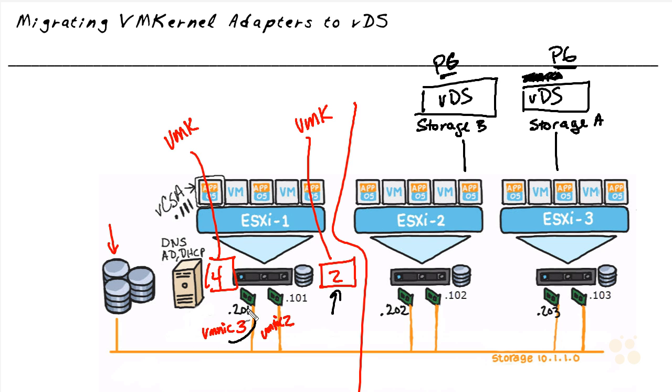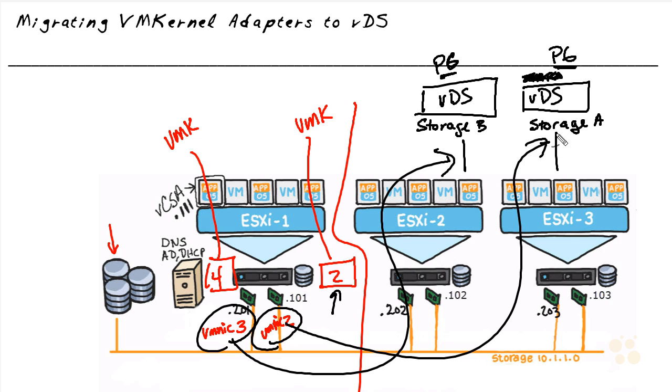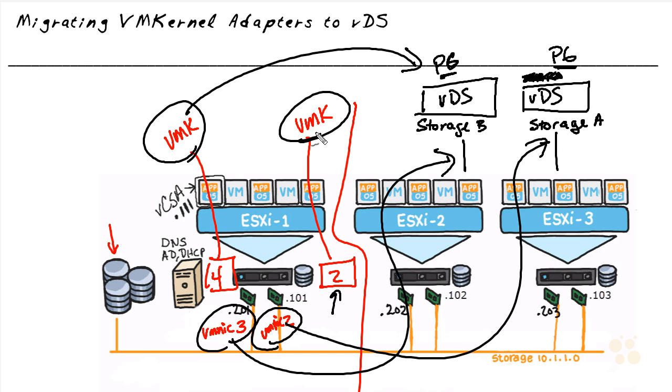For example, VMNIC3, we can migrate over and associate with the uplink for this switch called storage B. And for VMNIC2, we can migrate that over and associate that with the logical uplink on the switch called storage A. And we can take the VM kernel adapter that's currently associated with the standard switch, and we can migrate it over to the port group on storage B. And we can take this VM kernel adapter and associate it with the port group over on the switch called storage A. And what we've effectively done is we've removed switch 4 and removed switch 2. Two standard switches from the picture. They're no longer going to be used.